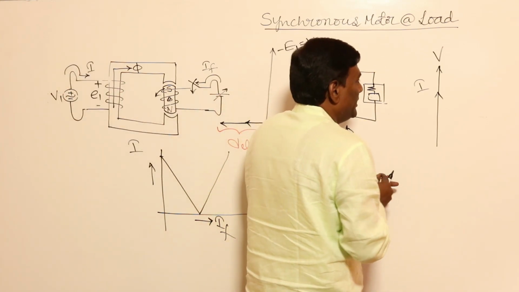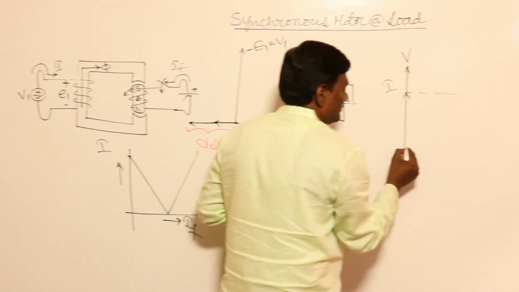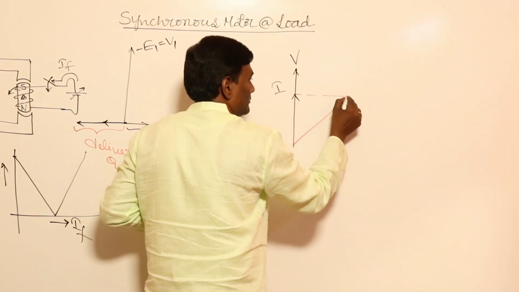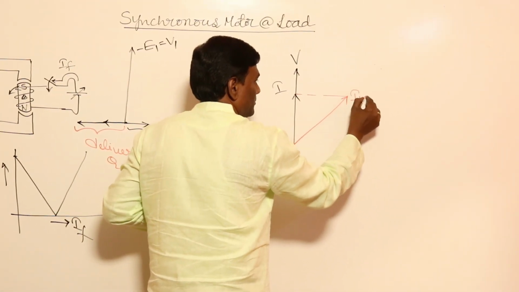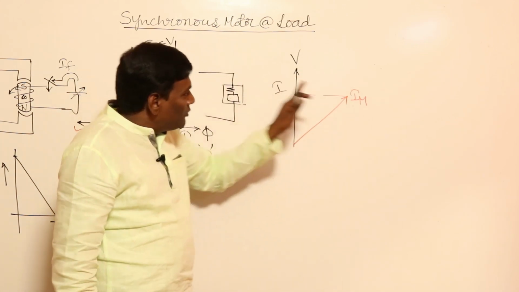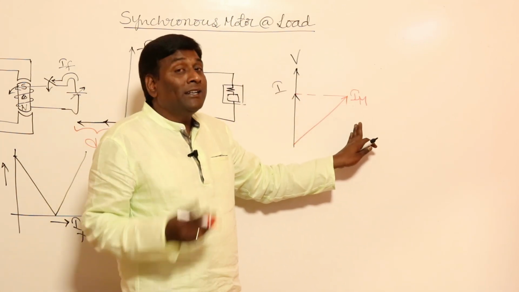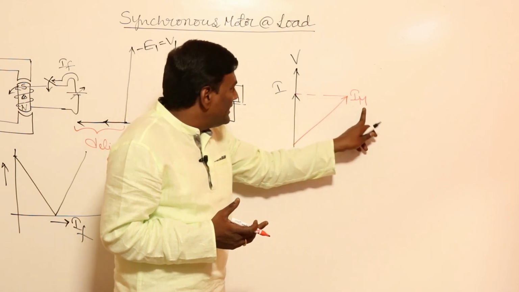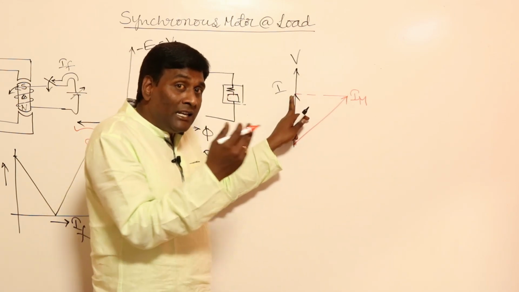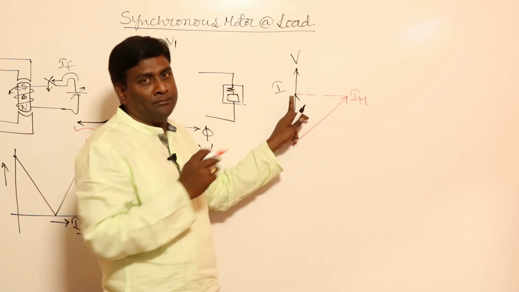So this is going to be I of motor. Active power, VI cos phi, is the same, so it is delivering the same active power.